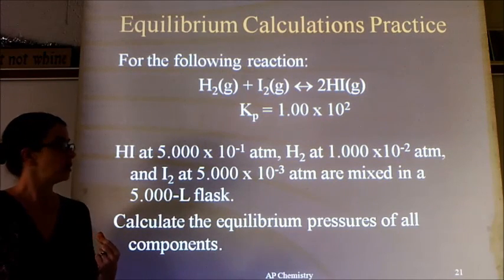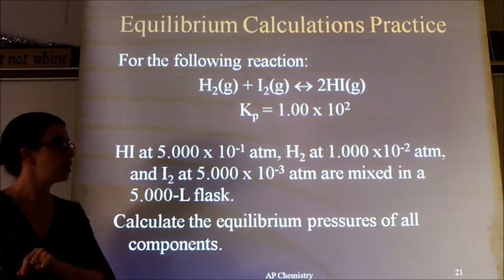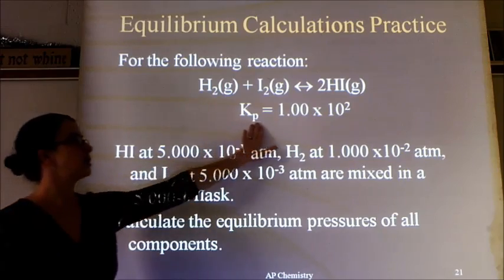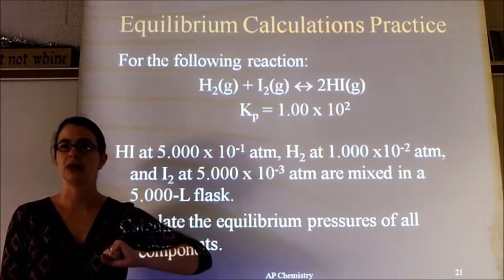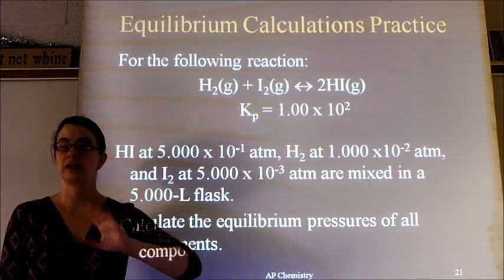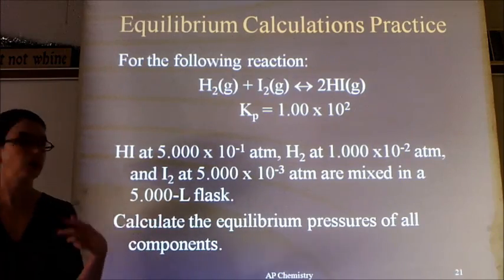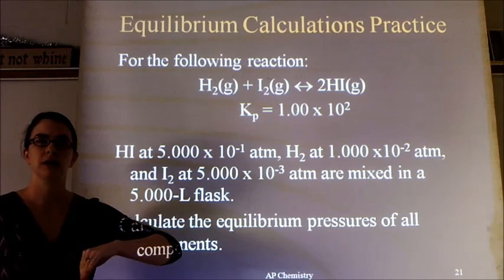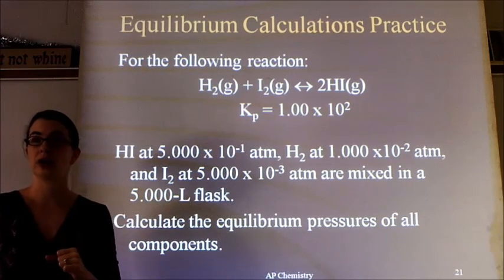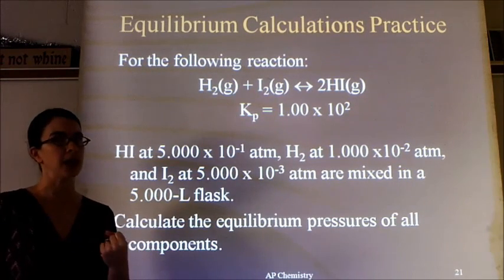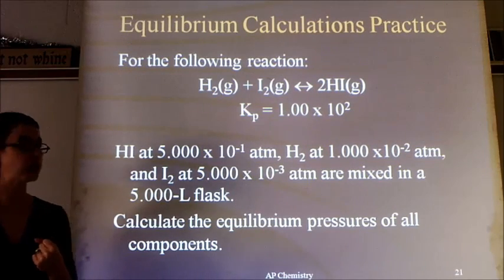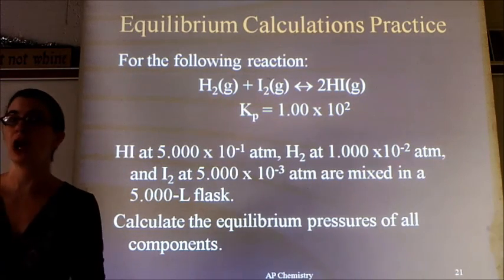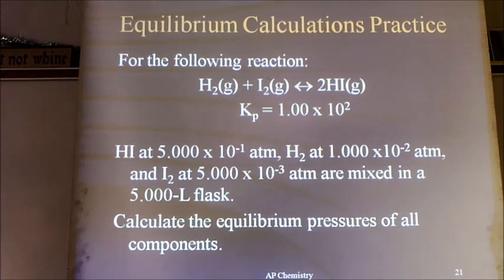Q. Calculate Q and compare it to Kp. Did anybody do that? So what do you get? When you find Q here, how does it compare to Kp? Q is greater. What does that mean? It's going to shift to the left. We've made too much product. We need to get rid of some.